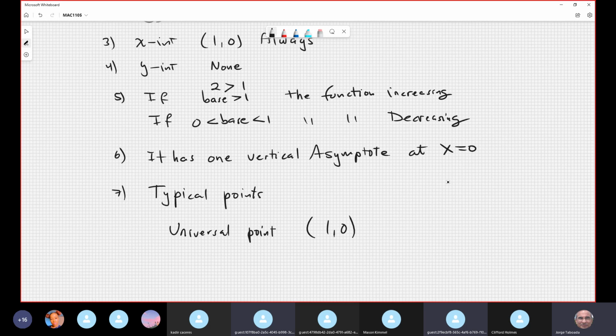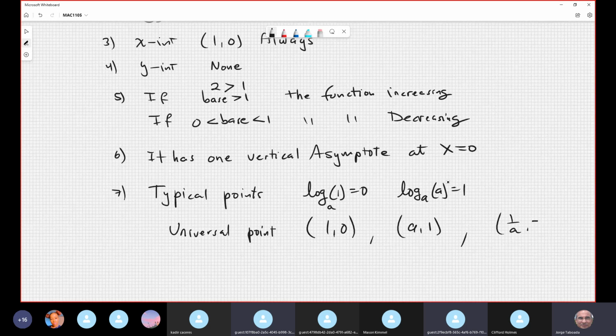Another point is (a, 1), because the logarithm base a of a is 1. You know the logarithm of 1 is 0. You see that, right? And for the reciprocal of the base, (1/a, -1), because the logarithm base a of 1 over a is -1.